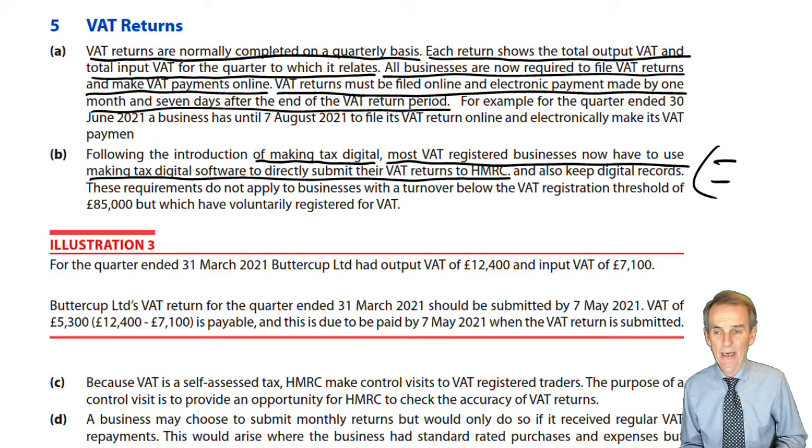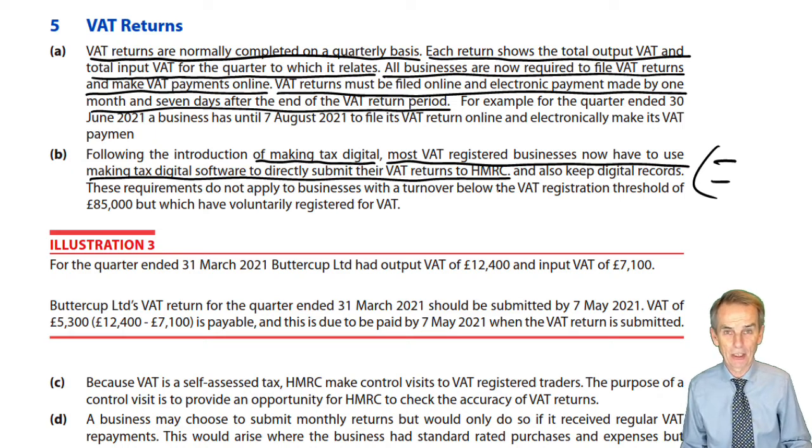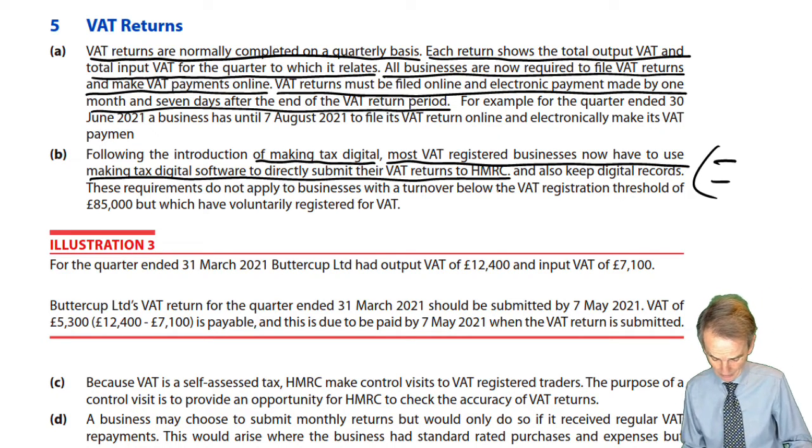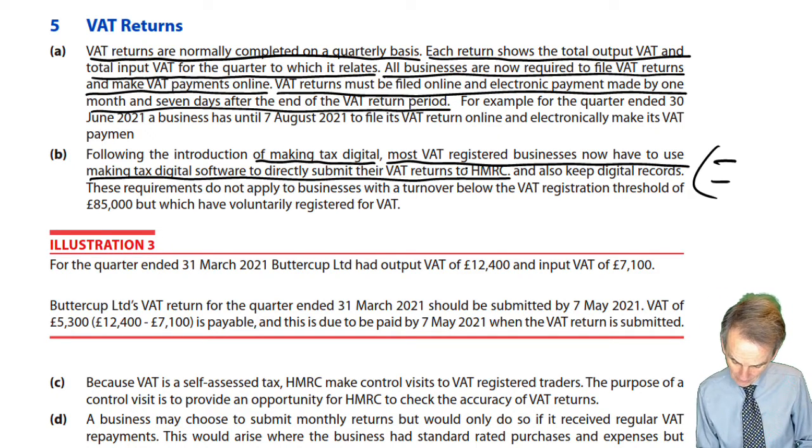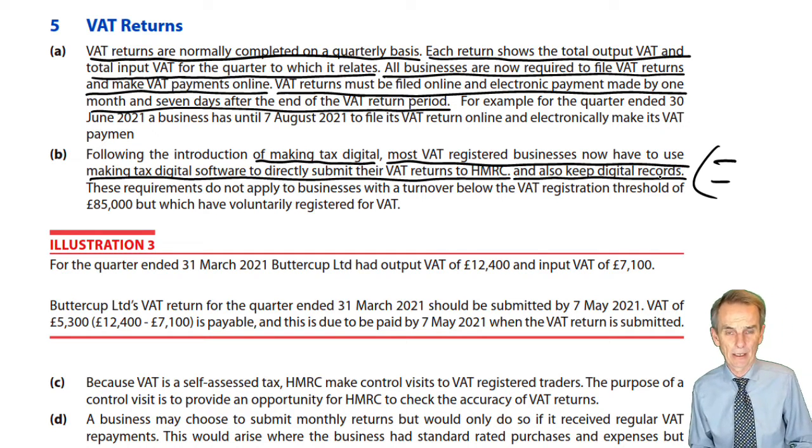And it makes sense: once the business is operating that system, it's easier to run. So most VAT registered businesses now have to make use of the Making Tax Digital software so they can directly submit their VAT return to HMRC, and also maintain the digital records that lie behind that.